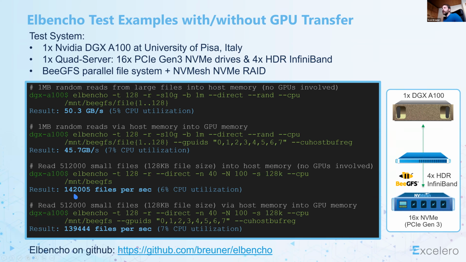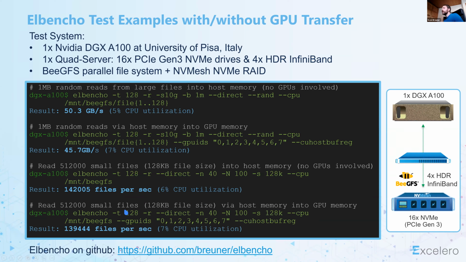And what came out are about 140,000 files per second that can be read into host memory at about 6% CPU utilization. Why is the CPU utilization relevant? Because typically your application will want to do some extra pre-processing of the images before they are transferred into GPU memory. So lower CPU utilization is good for this case.